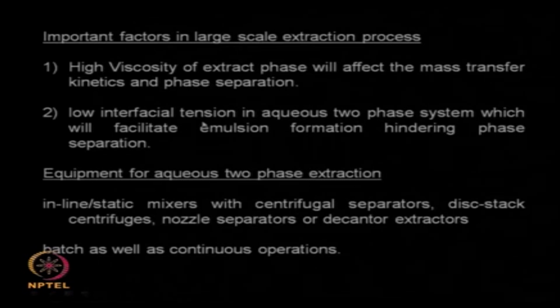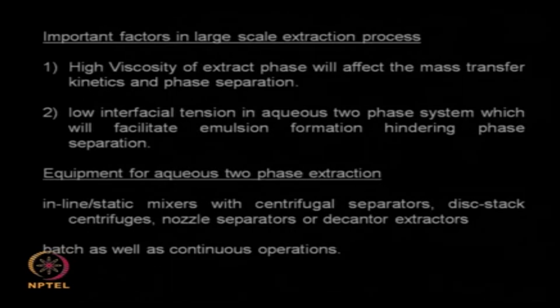If you are handling a highly viscous material, for example fermentation broth, it is going to be very viscous, because you are going to have dead cells, cell debris, intracellular material, DNA, so many components. So, the viscosity is going to be highly non-Newtonian and the values are also going to be very high. Now you are adding a solvent to extract a protein or a metabolite.